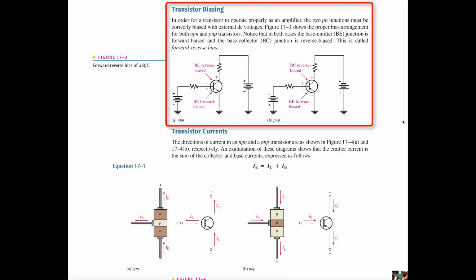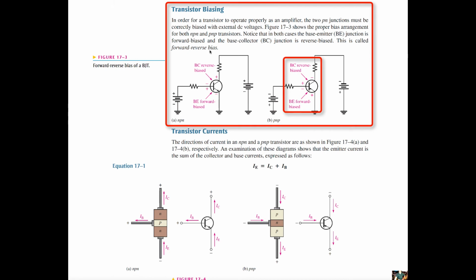For transistor biasing, in order for a transistor to operate properly as an amplifier, the two p-n junctions must be correctly biased with external DC voltages. The figure below shows the proper bias arrangement for both a PNP and an NPN transistor. Notice that in both cases, the base emitter junction is forward biased and the base collector junction is reverse biased.